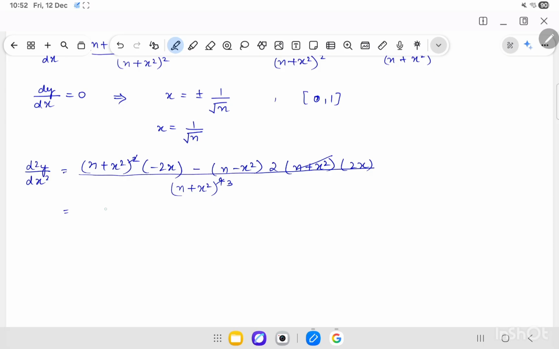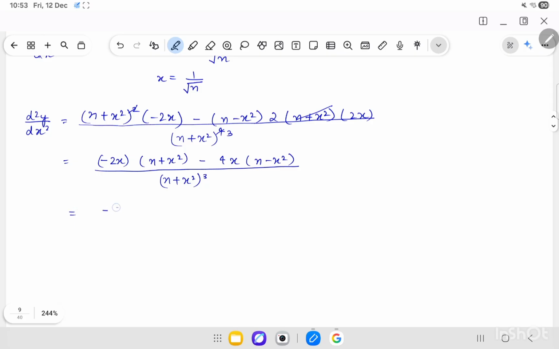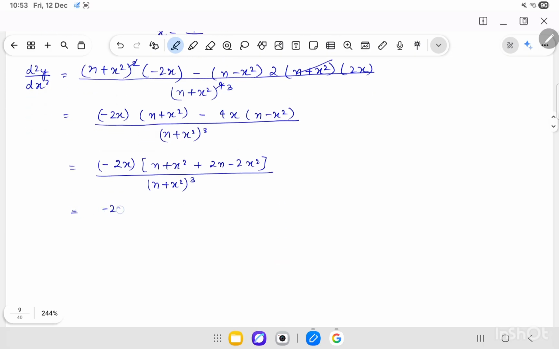So I'll be left with minus 2x times (n plus x square) minus 4x times (n minus x square), divided by (n plus x square) cube, which will be equal to, if I pull out minus 2x, I'll be left with n plus x square plus 2n minus 2x square divided by (n plus x square) cube, which will be equal to minus 2x times (3n minus x square) divided by (n plus x square) cube.